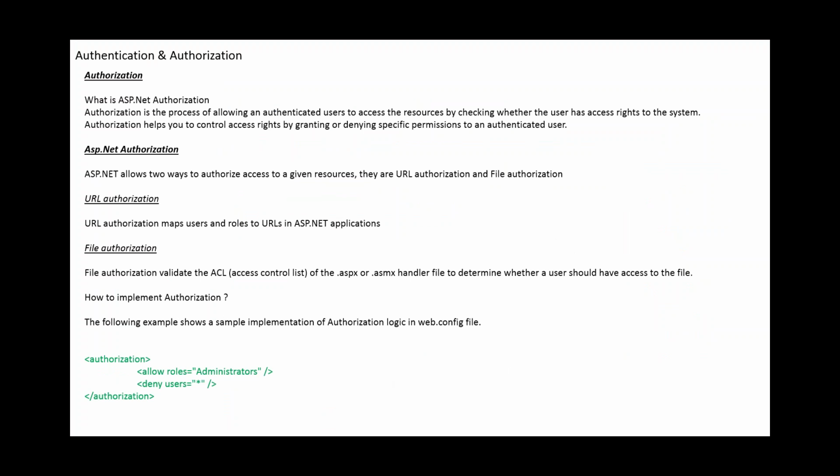So authorization, if you want to give, you can give by URL authorization. URL authorization maps users and roles to URLs in ASP.NET applications. As I told, a particular set of pages can be accessed. File authorization means you can define particular folders, so that some file systems they can access.